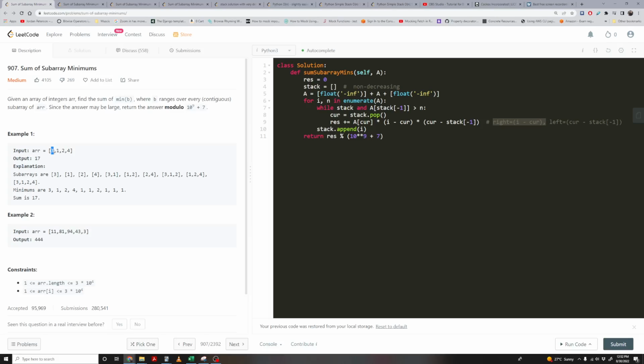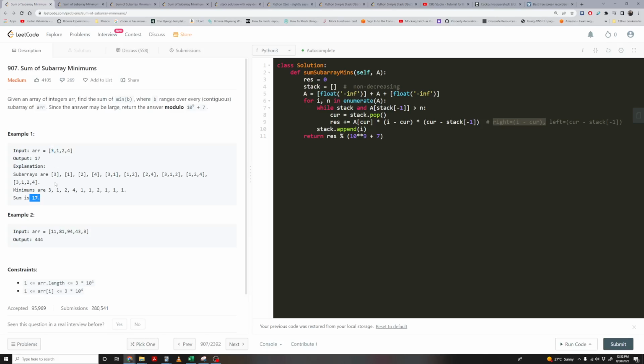We are going to see, for example, 3 is the minimum value for how many of these subarrays. Let's say, I know it's not correct, but let's say 3 is the minimum value of 2 subarrays. Then 2 times 3 is going to be 6, so the share of 3 is going to be 6.